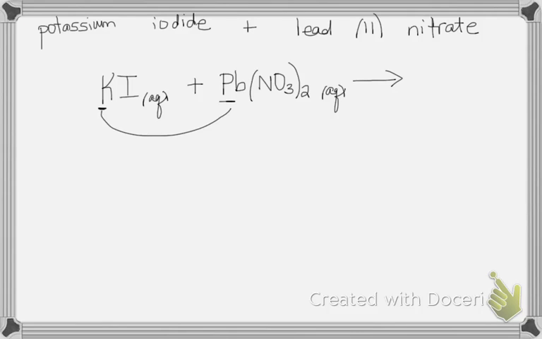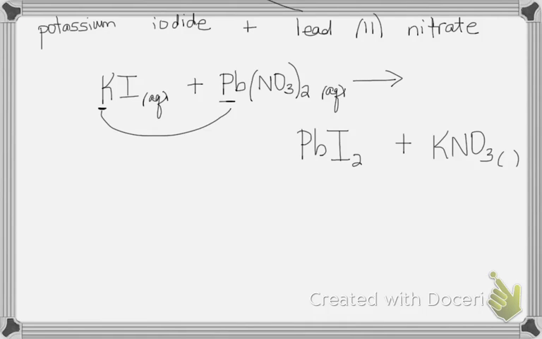Can you write the products of that reaction? Say what? You're right. Very close. PbI2, because you still got to swap and drop. And what's the other product? KNO3.